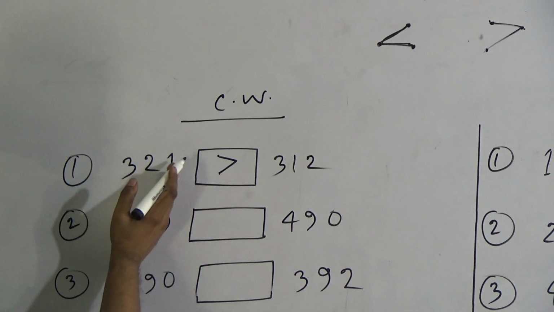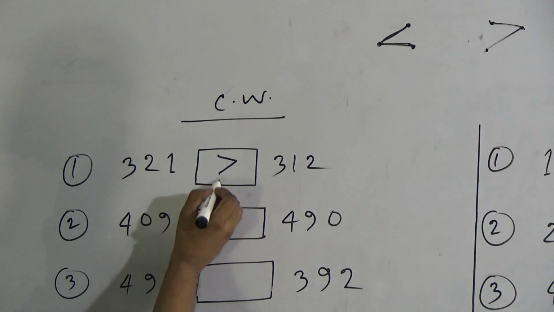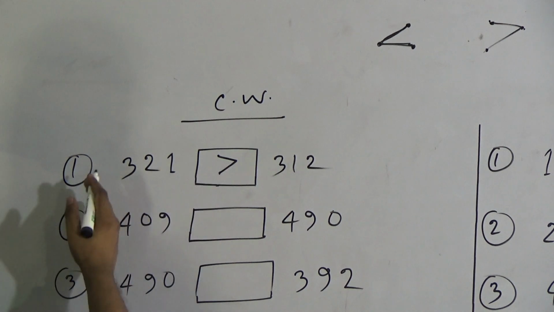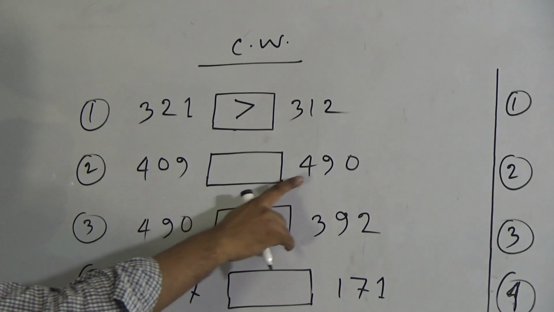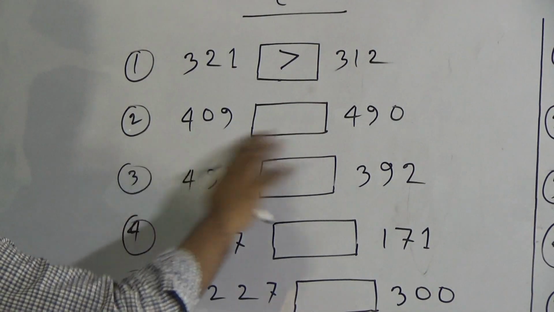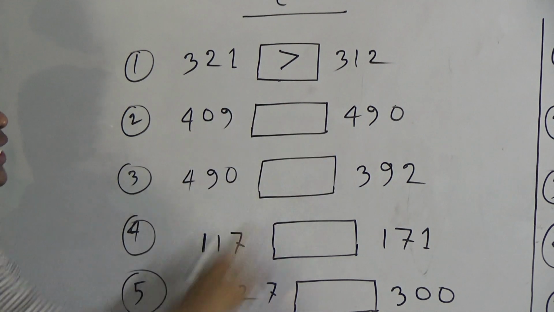That means the number of the left side will be greater, so we have put 2 dots in the left side and 1 dot in the right side. Now two numbers, 409 and 490. In the hundreds place both sides have 400, but in the tens place here 0 exists and here 9 exists.